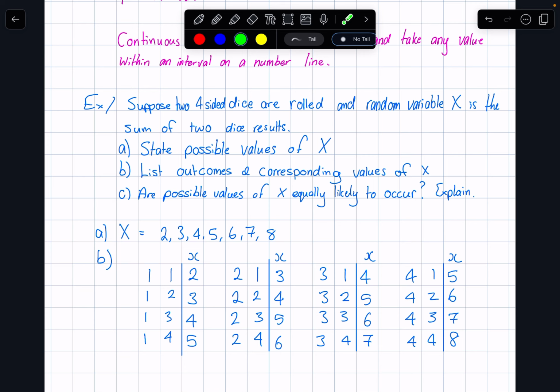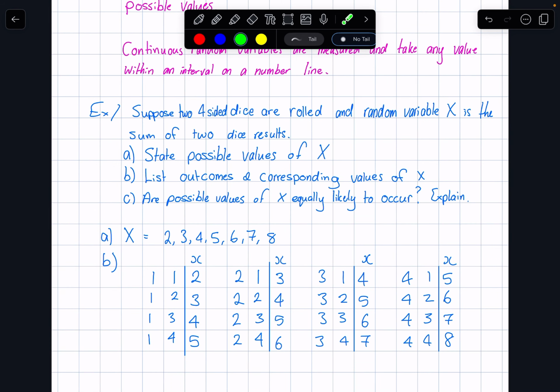The probability that a value occurs is how many outcomes produce that value, divided by how many outcomes there are possible. We can see there are 16 outcomes possible here. So the probability of getting a value of 2 is 1 in 16 because there's only one outcome that produces a 2. But if I look at a value of 5, I've got 4 different ways I can get a 5.